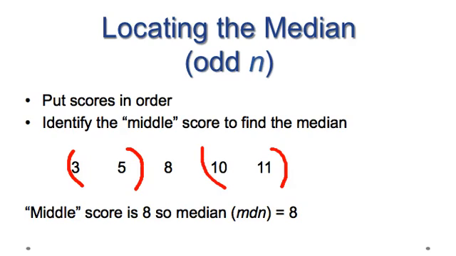So what you'll notice is that 8 is right smack dab in the middle. It divides this data set exactly in half, where 2 data values are below 8 and 2 data values are above 8. Does everyone see that? So our middle score is 8. So the median is equal to 8.